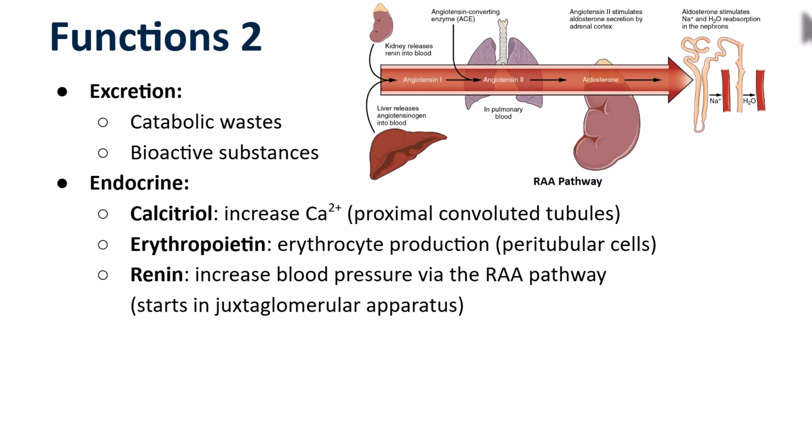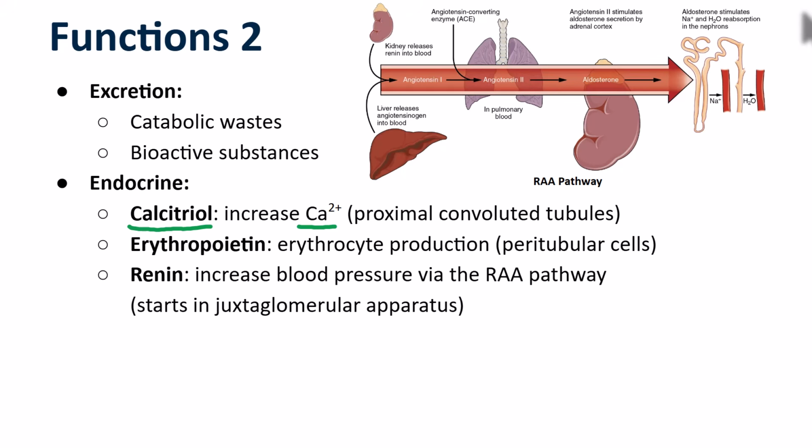So calcitriol, which is the activated form of vitamin D, can actually be produced by cells in the proximal convoluted tubules adjacent to the cortex of the kidneys. Calcitriol is an important part of calcium homeostasis. It serves as a means by which your gut tube can absorb calcium. So calcitriol thus helps to increase concentrations of blood calcium.